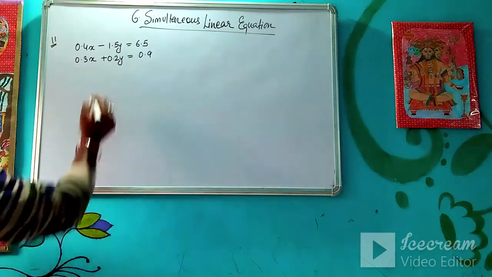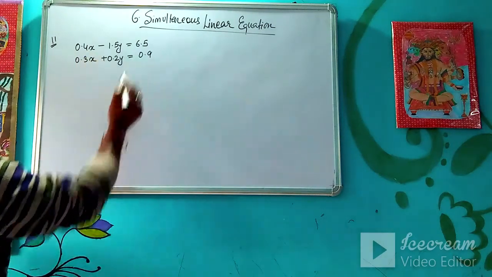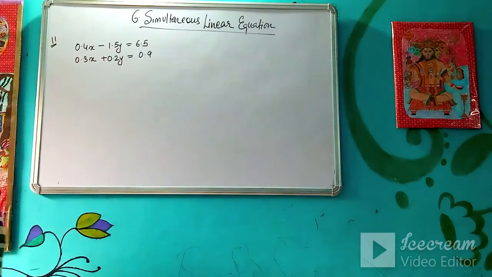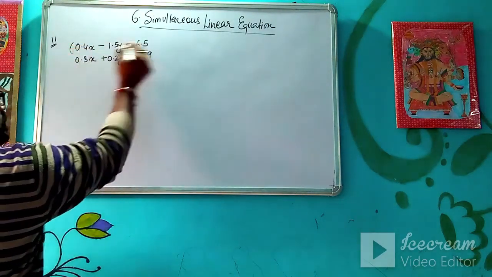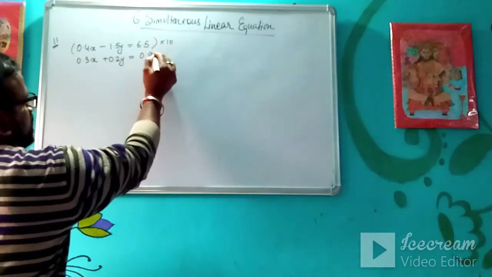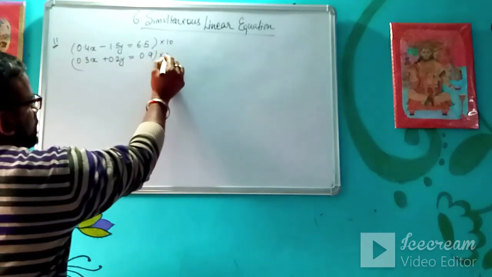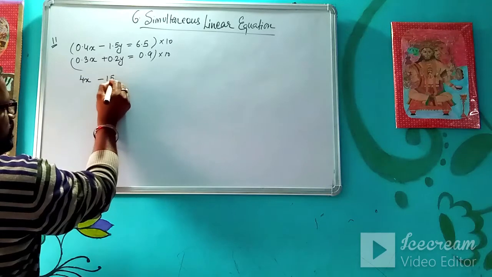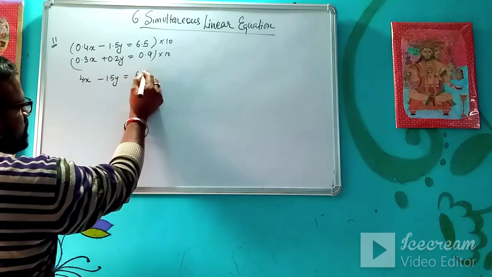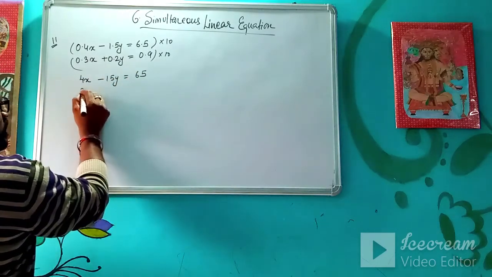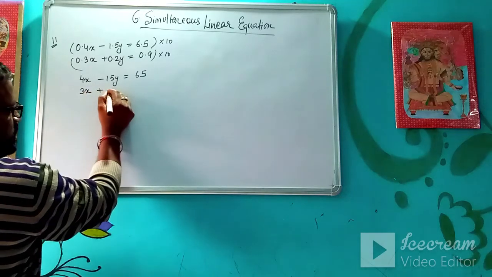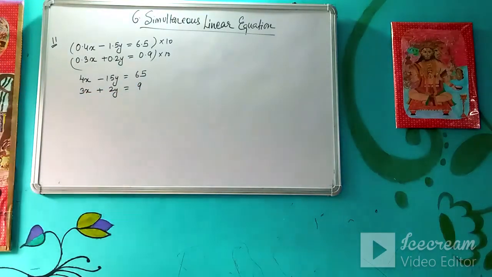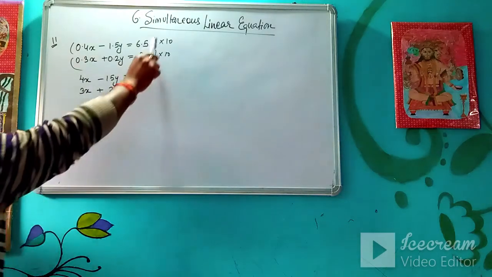So what we are going to do first, if you don't want to use the decimals, you can multiply both sides by 10. Here I am multiplying both sides by 10. So it becomes 4x minus 15y is equals to 65, and it becomes 3x plus 2y is equals to 9. Okay, so I have removed the decimals.